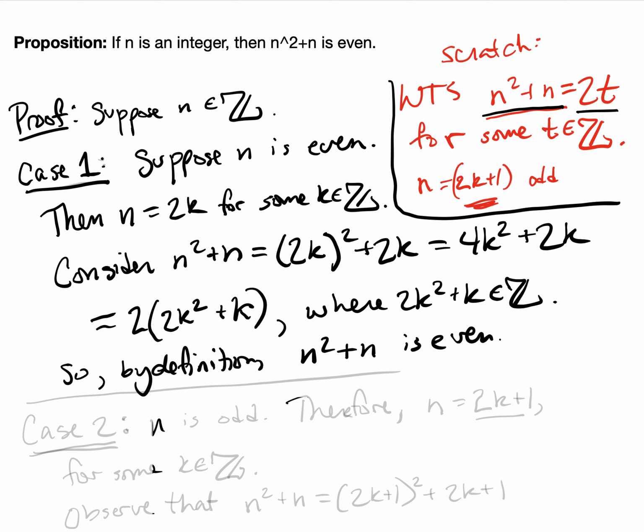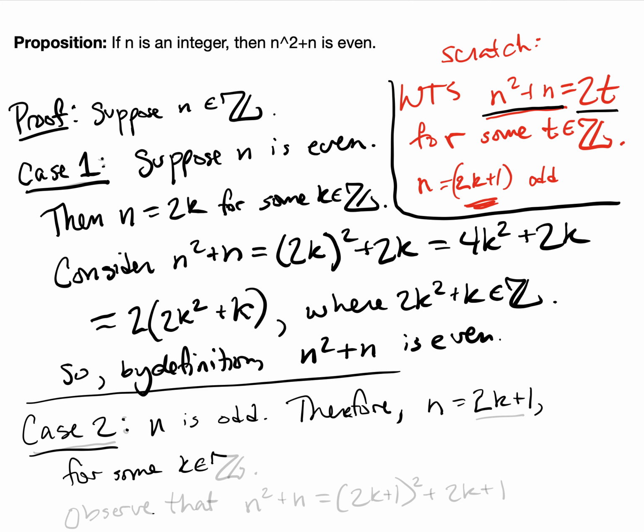Now let's take a look at our second case, case 2. So if n is not even, then n is odd. So case 2, n is odd, and therefore n is equal to 2k plus 1 for some integer k.